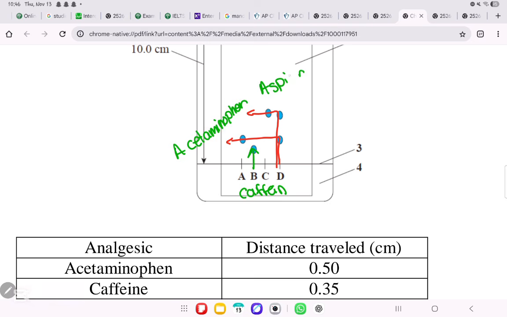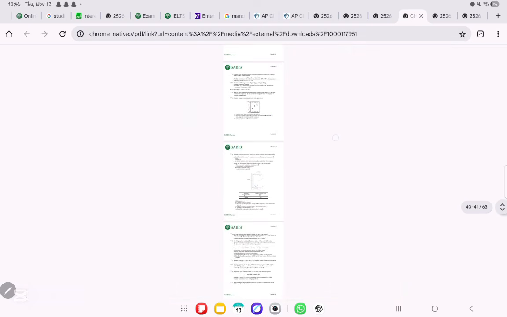So what can we say now? Based on what we identified, the two components found in D are acetaminophen, in addition to aspirin. Why? Because D shares the same distance as A and C, and A was acetaminophen, and C was aspirin. Okay, so that was it for question number 19.